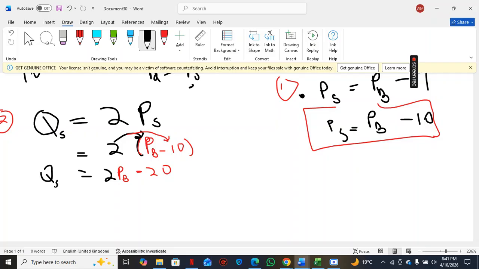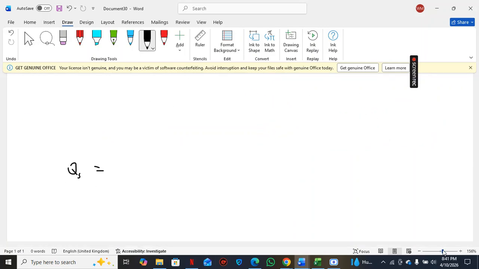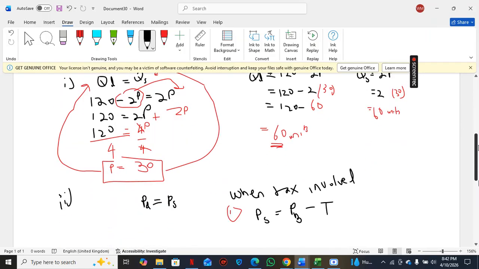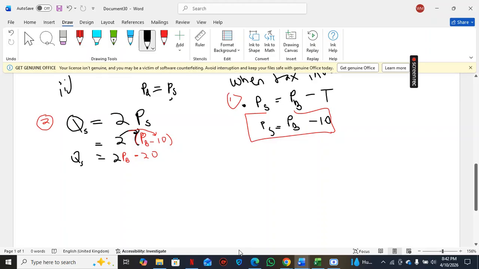After you have done these 2 steps, you have got the equation for PS and you have adjusted the supply function. Then we go back to how we did it the other way, to calculate the new price and quantity. So step 3, again, equate QD to QS.